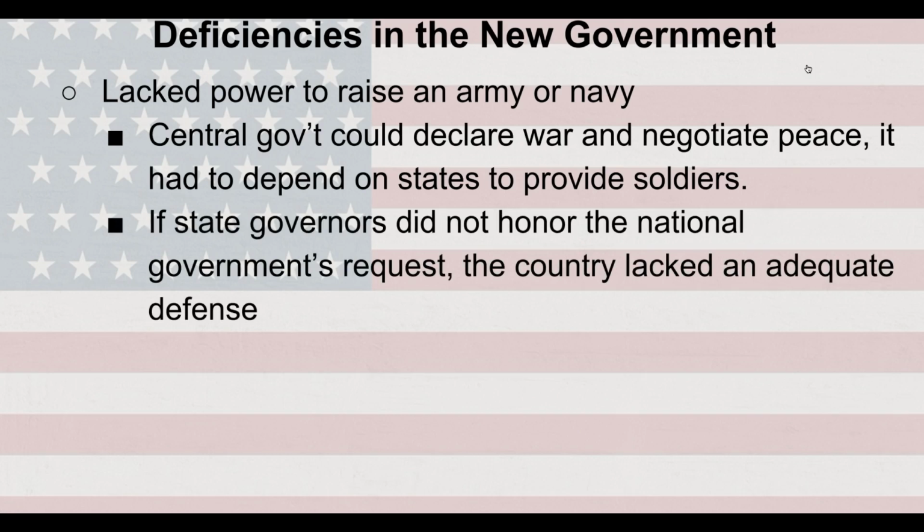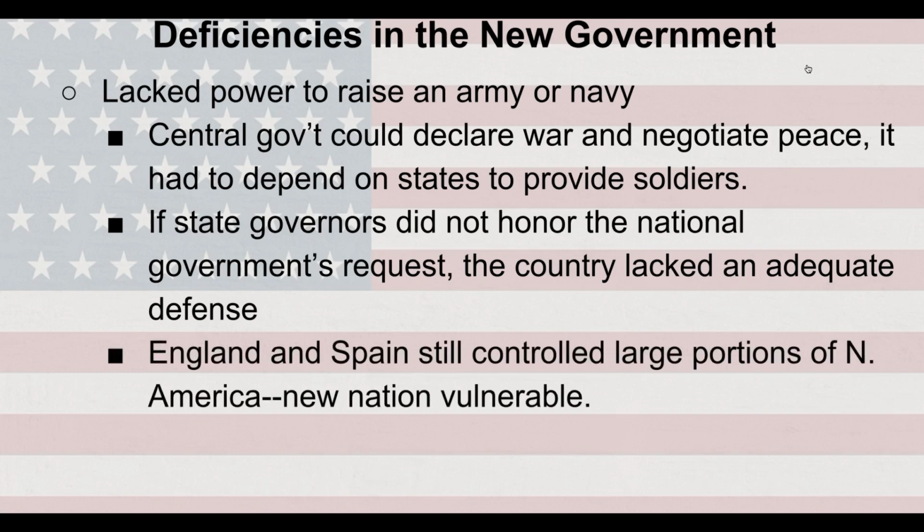And so the country is going to lack an adequate defense, which is extremely dangerous when you're a brand new fledgling nation and there are other European powers on the prowl in the New World, in North America and South America. They had just won a war against England, but England is still a significant presence in North America. Spain is also a significant player, and France is there as well.